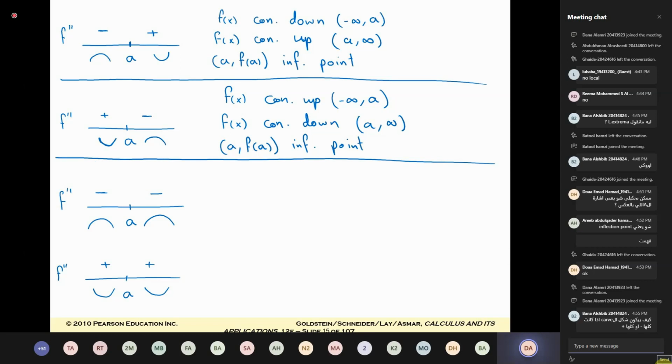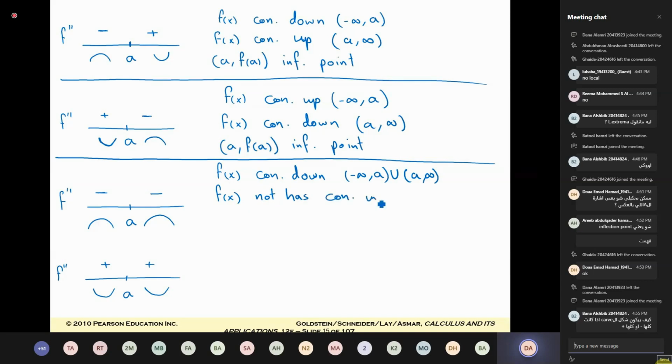But in the third case, f of x is concave down from negative infinity to A, and from A to infinity, and f of x does not have concave up.